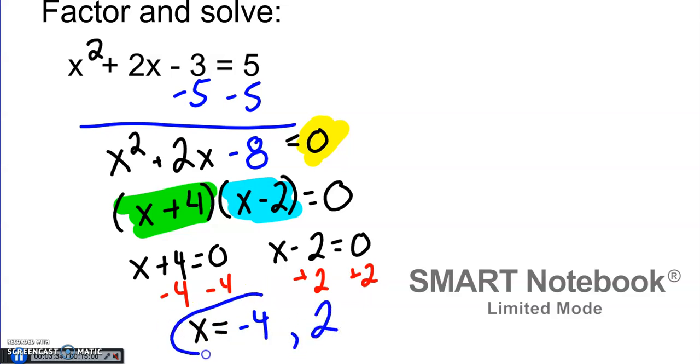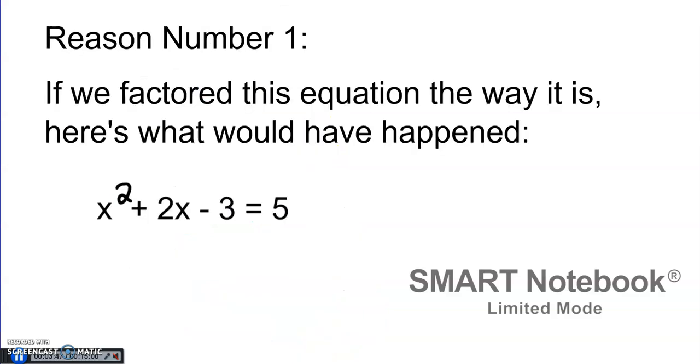So this would be the answer for the question. It says factor and solve. So we solve by factoring. We found that x is going to be equal to negative 4 and x is going to be equal to 2. But let's see what happens if we did this and we didn't have it equal to 0.